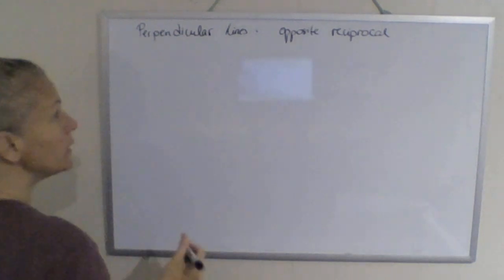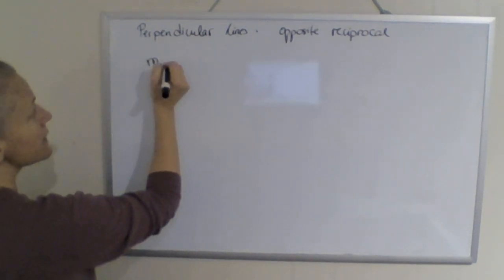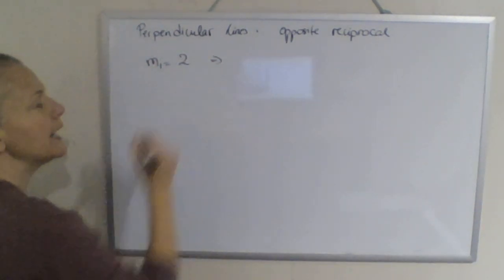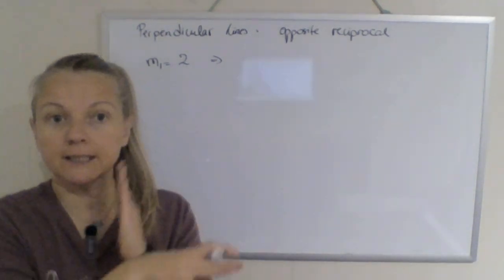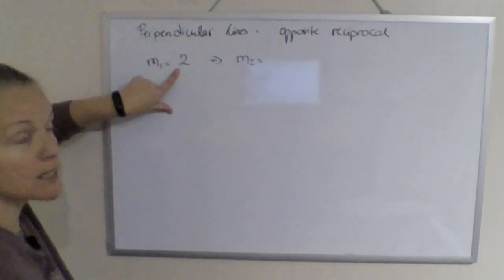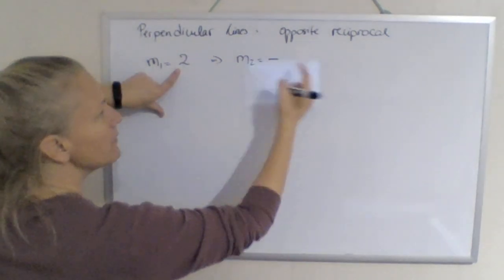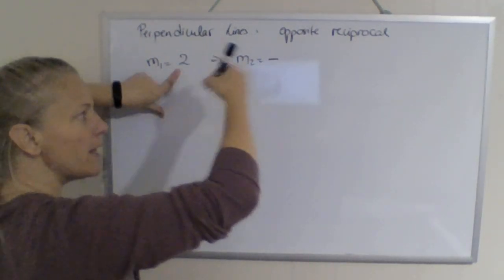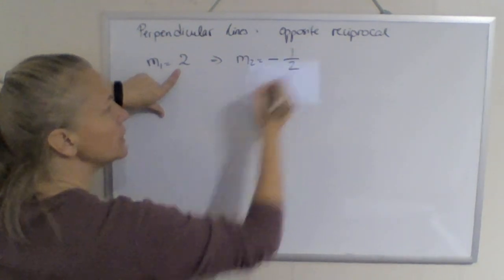So if I tell you the first line has a slope of 2, what is the slope of the line perpendicular to it? It would be the opposite. This is a positive. The opposite would be a negative. And reciprocal, we flip that number, 1 over 2.